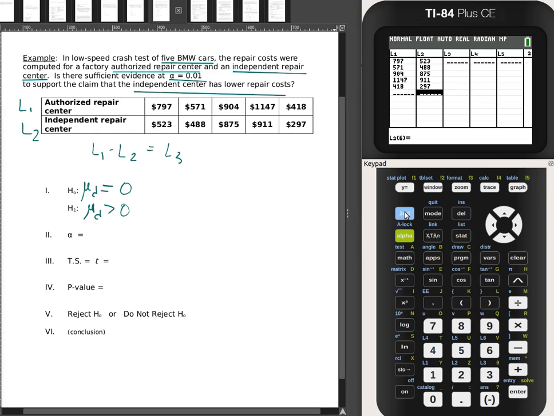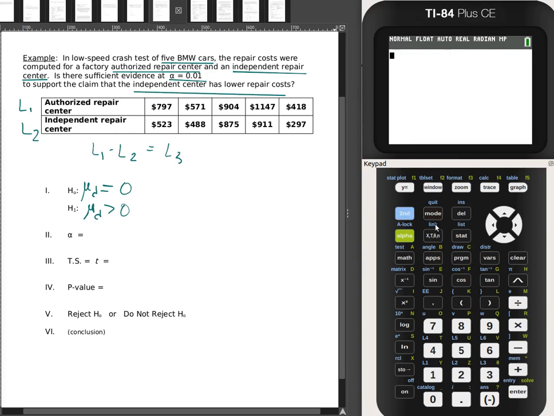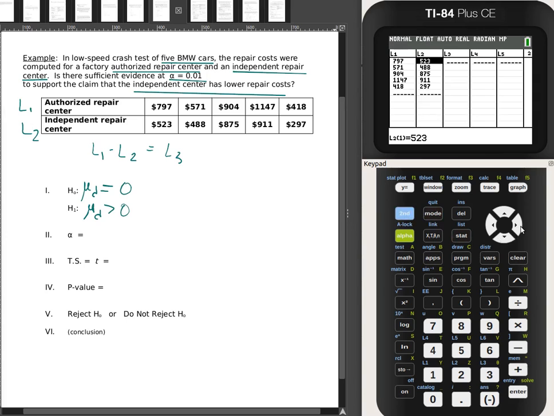Now what are we dealing with? We have all of our data in there. Oh, I know what we should do. Why don't we go to list 3 as well? And we want to make list 3. See, I highlight list 3 in this case because I want to use a particular, and I have to hit enter so I can get the little cursor to come here. I want list 3 to be the difference between L1 and L2.